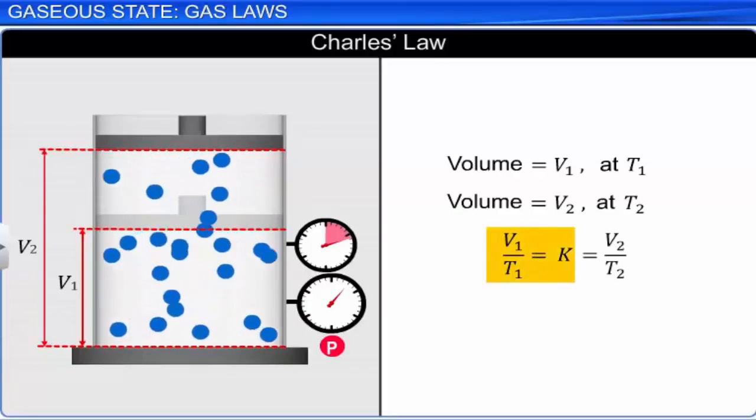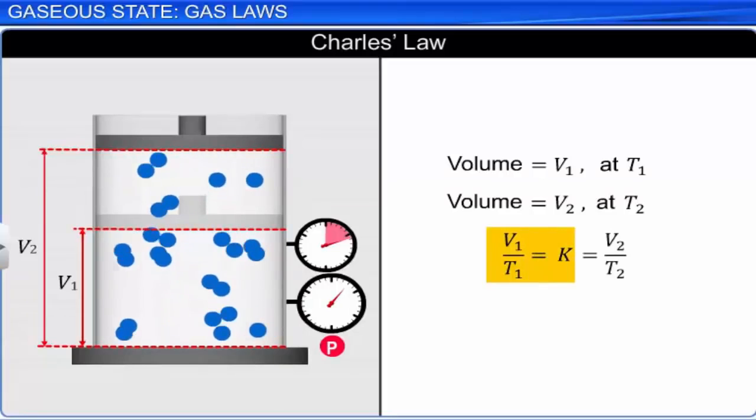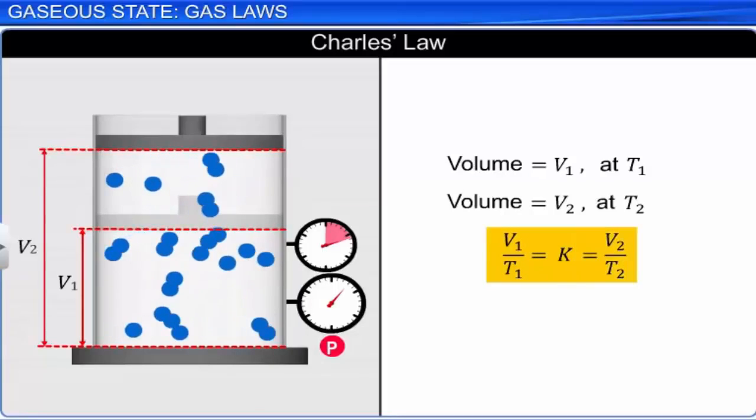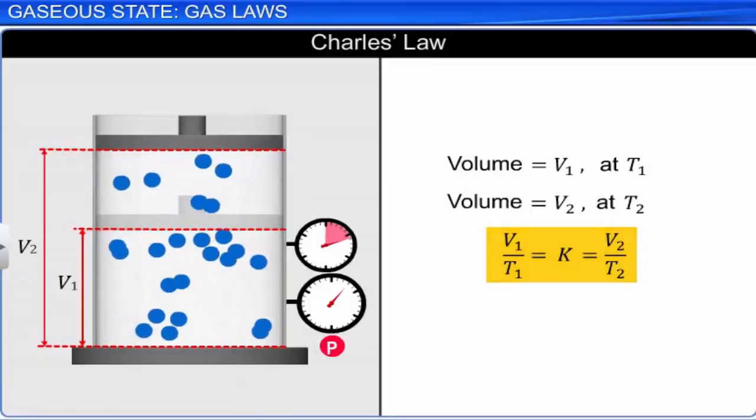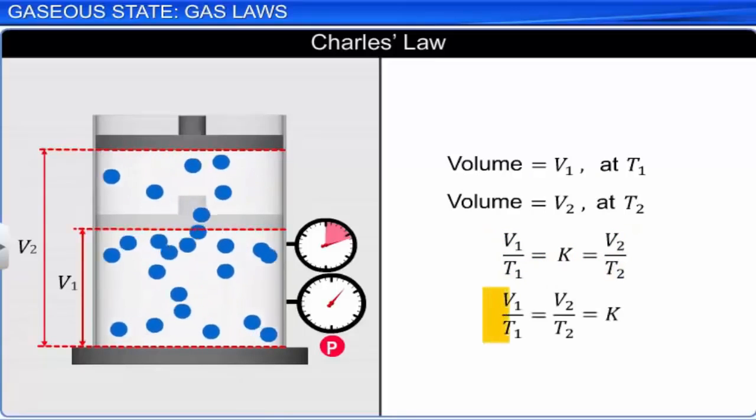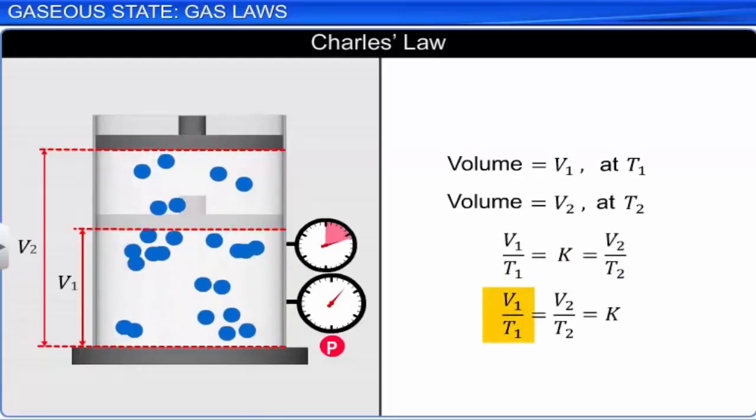Therefore, the equation can be written as V1 divided by T1 is equal to V2 divided by T2 is equal to K. This is called the Charles' law equation.